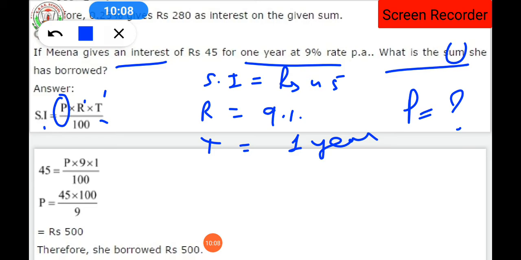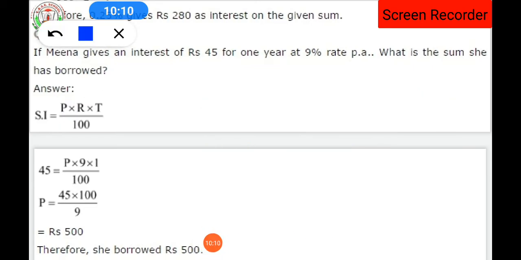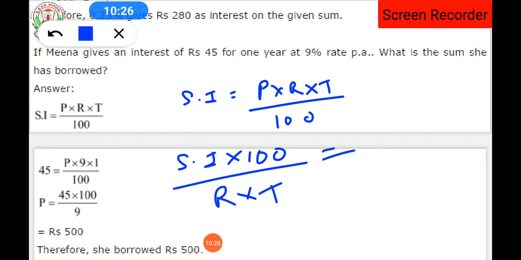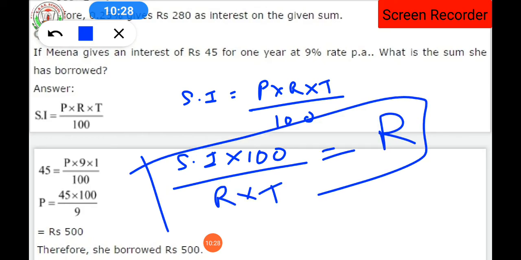So here again one method is there to find out, either SI is equals to P into R into T upon 100. So if you want to create the formula for principal, SI will be multiplied with 100 and this R into T will come in the denominator of it, so that we can get the formula for principal, isn't it?